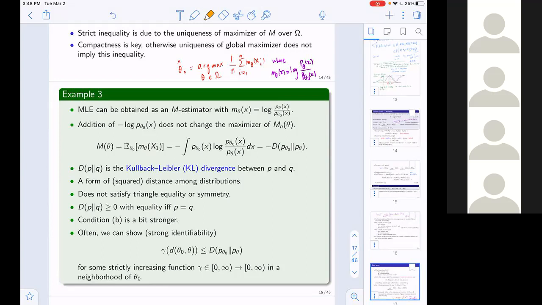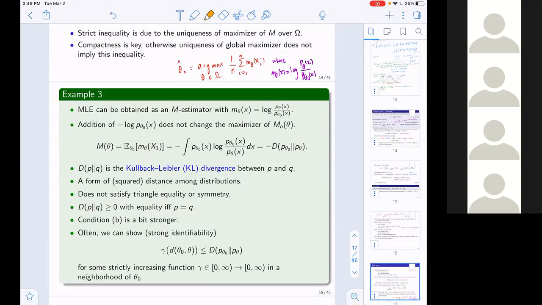For example, it doesn't satisfy the triangle inequality. It's not symmetric, but it has the property that it's non-negative, and it's zero if and only if the two distributions are the same. So in that sense, it can be used to measure how different two densities are.